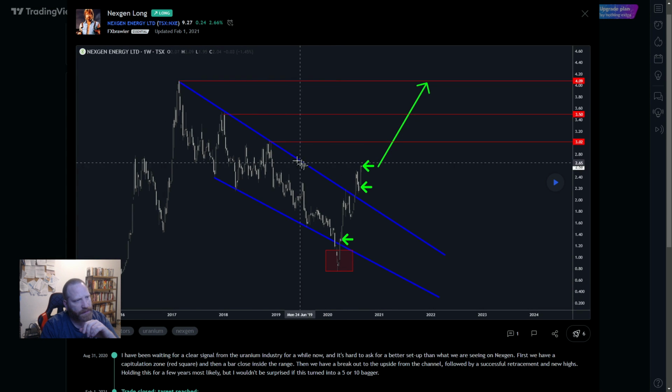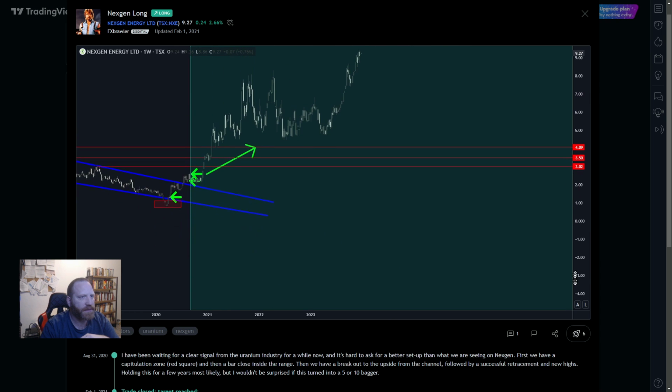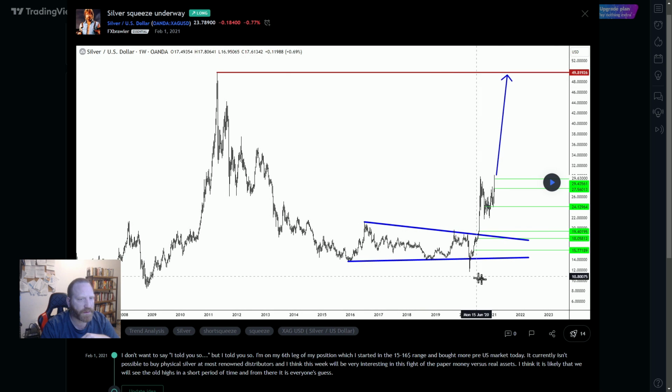You see this wedge over here, and it's got a supply shift, and then it comes back in. It's not a Wolfe Wave, basically, but it is a wedge with a supply shift, and then it comes back in, and from there prices went way up.